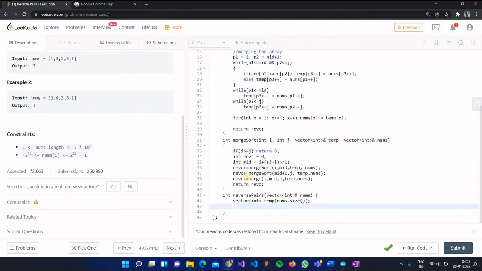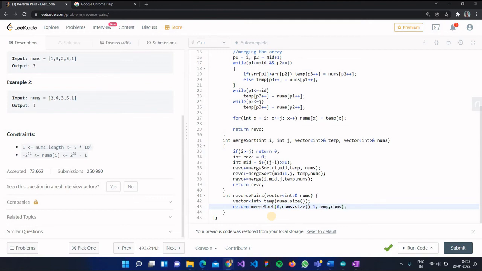So we'll just simply store it at the index that it is. So we do this, and then we return this merge sort function with 0, the last index of nums. Initially, as I told you, we're going to be passing on the full array as one whole section. So we're going to be passing this, and we're going to be passing the temp array, and we're going to be passing the nums array.